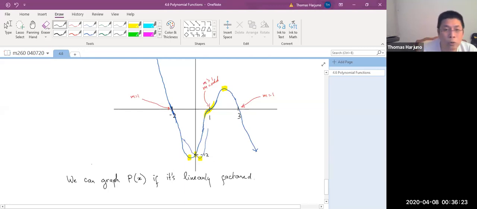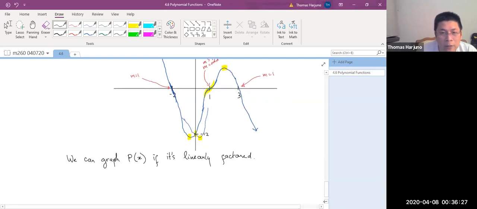Now, if the polynomial is not linearly factored, if P(x) is in general form, the one that I showed you earlier, the descending form, 5x to the 4 and blah, blah, blah, then we need to factor.